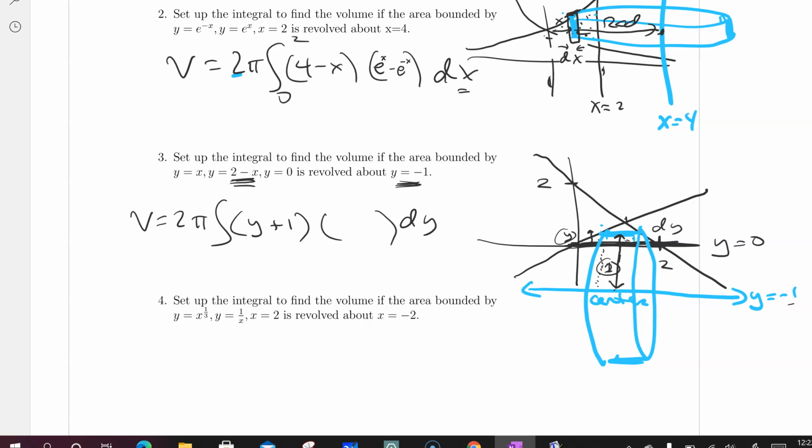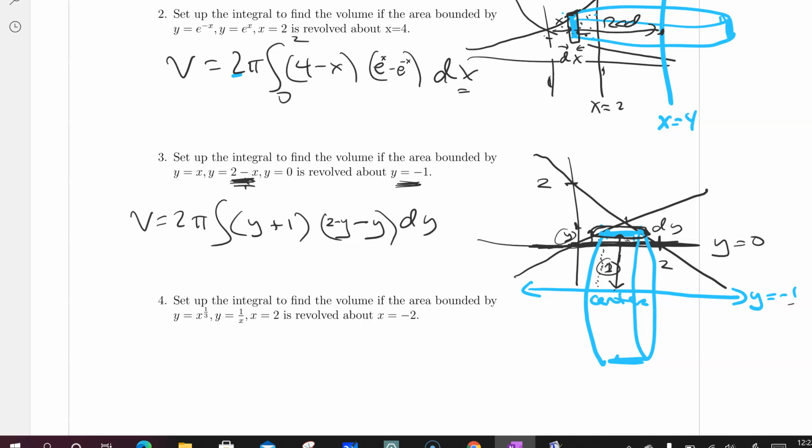A little tricky. Now I'm going to find the height of this rectangle. So the height of this rectangle will start from here, go out to this line, which is the 2 minus x line. So I have to solve this for x equal. So I get x equal 2 minus y, right? Subtract off the line. And then where on the y-axis am I building the rectangles to and from?